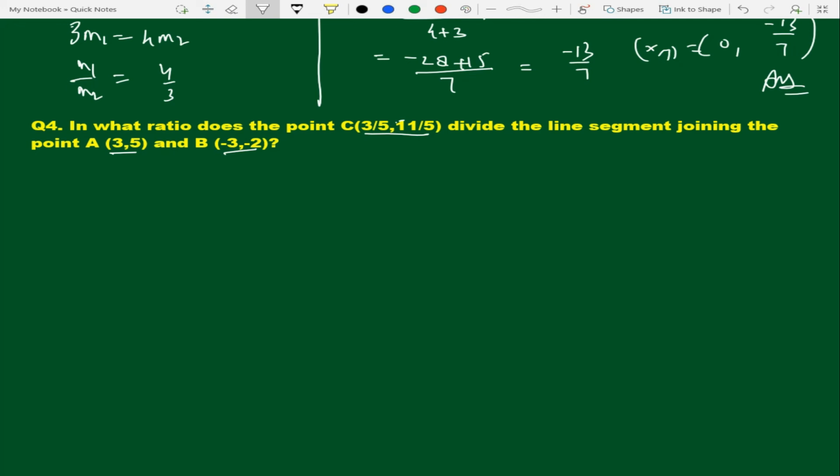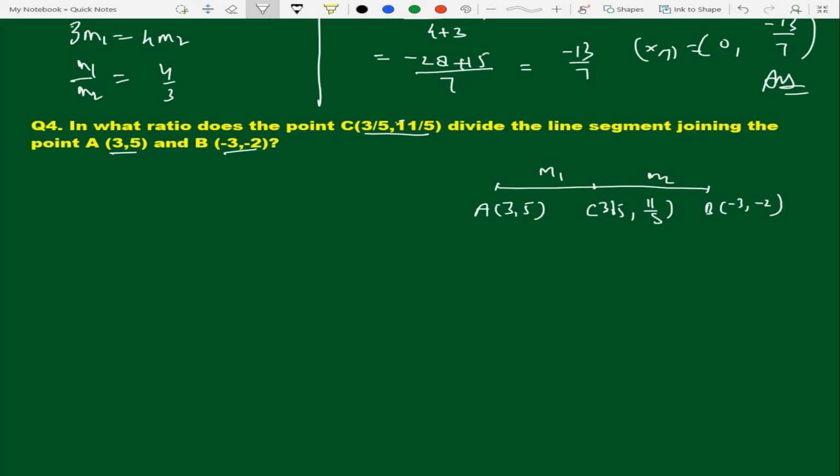Clear? So the coordinates of points A and B, suppose this is A, are 3 comma 5 and coordinates of B are minus 3 comma minus 2. Clear? Suppose this point C is 3 by 5 comma 11 by 5. So we should find the ratio m1 m2. Clear?